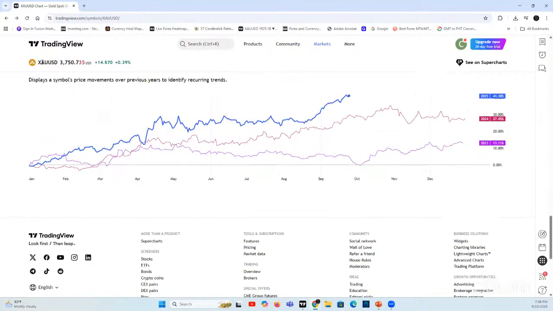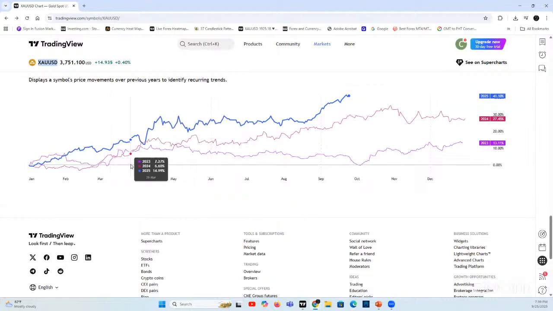For example, this is gold, XAU/USD. In 2023 it was like this. In 2024, gold is just in a bullish run for the majority of its life. Compared to 2023 and 2024, 2025 is more.